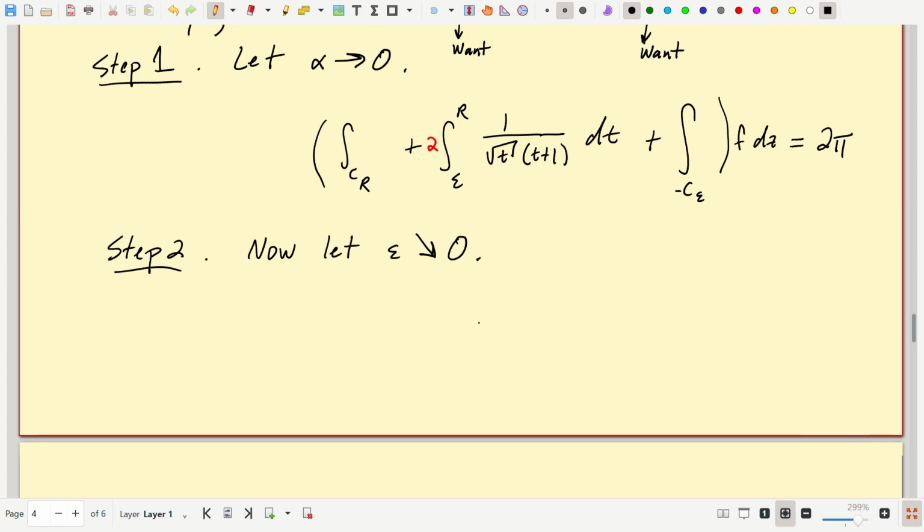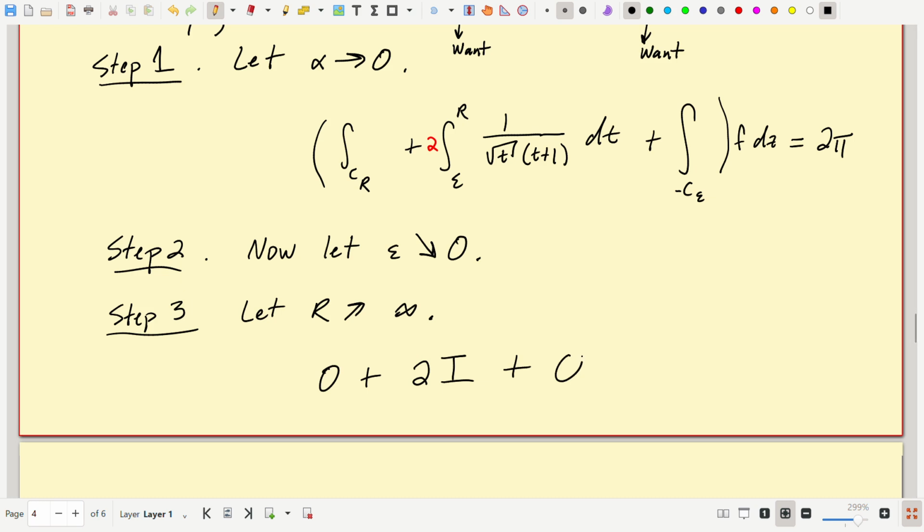And so finally we get, that's step 2. Step 3, let r go to infinity. And when you put it all together, you get 0 plus 2 times the integral you want plus 0 equals 2 pi.